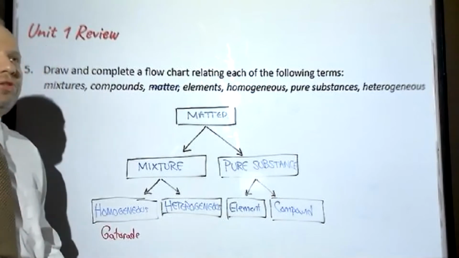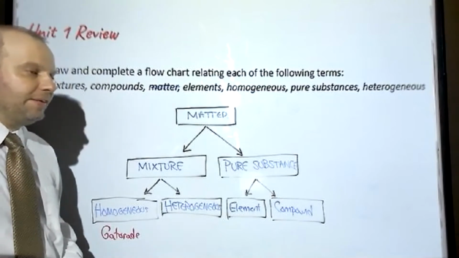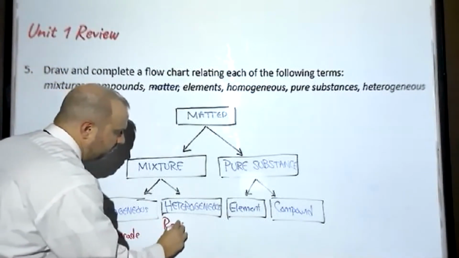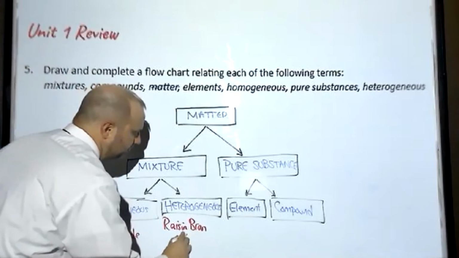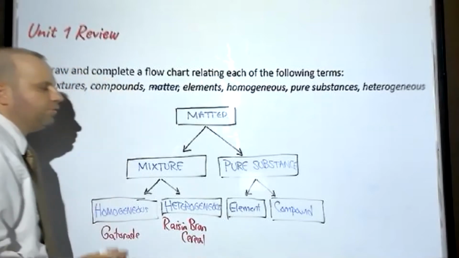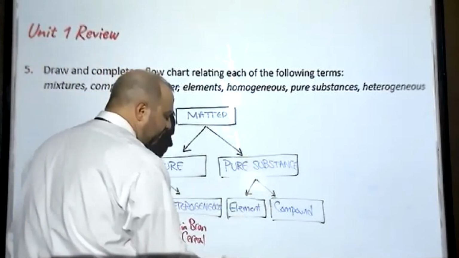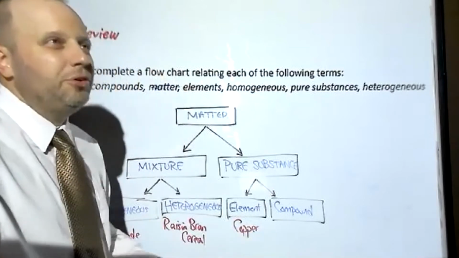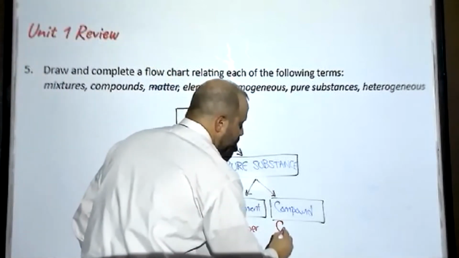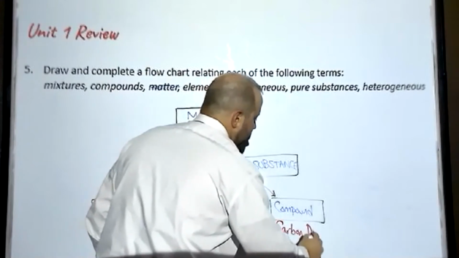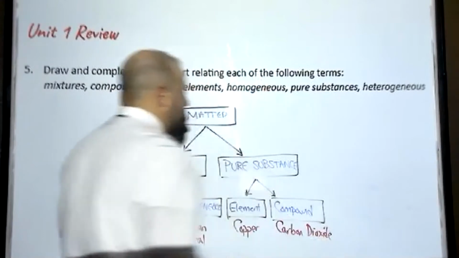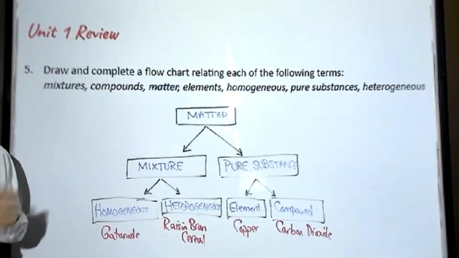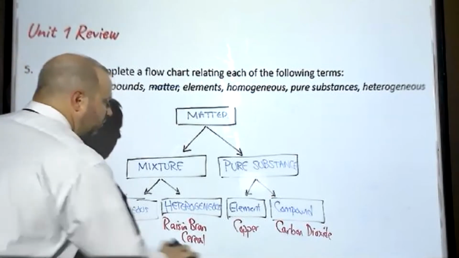A heterogeneous mixture could be something like Raisin Bran cereal, or a chocolate chip cookie or something. An element could be something like aluminum or copper. And then a compound could be like carbon dioxide. Okay, if you need this, please pause the video.